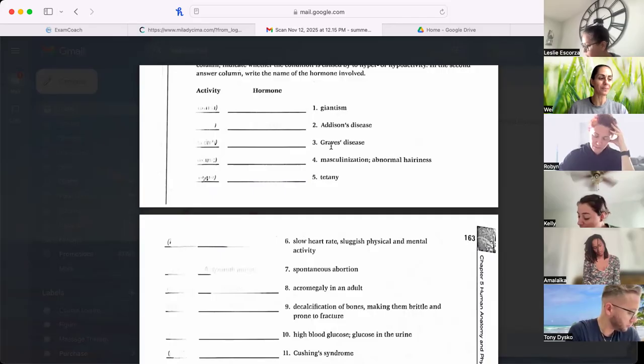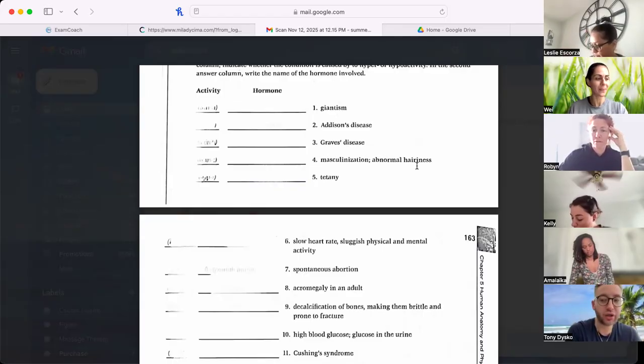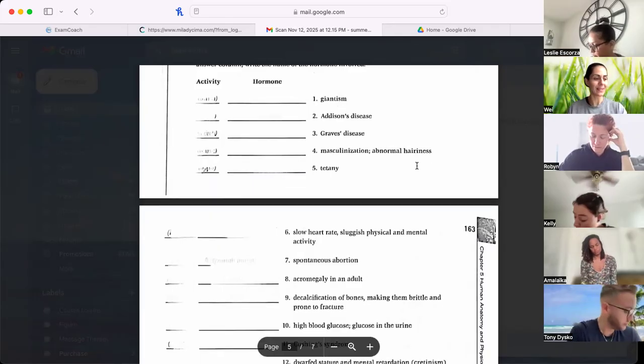Number 4, hypo or hyper, which is masculinizing, abnormal hairiness. Male characteristics, right? Hyper. Hyper what? Testosterone. Correct.